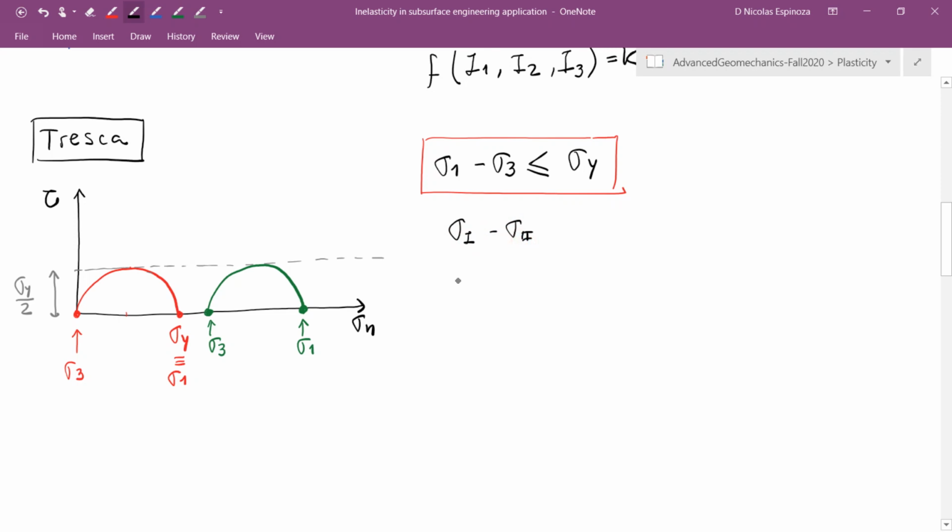And we're going to write these equations with still principal stresses, but these sigma 1 Roman, sigma 2 Roman, and sigma 3 Roman are not going to be ordered in a particular order of which one is the larger and which one is the smaller. That's why I'm taking the absolute values. The absolute value of the difference of any principal stresses has to be equal or less than the yield stress.